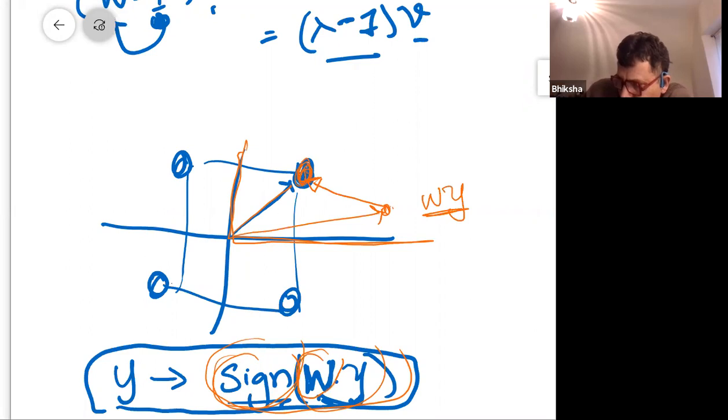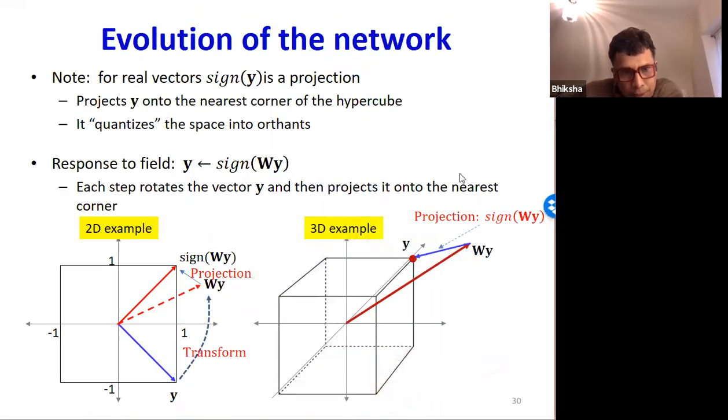So if your weights matrix is such that for all of your desired target patterns, W times y keeps the rotation within the same orthant, then the pattern is going to be stable, okay? So basically, every time you start off with a pattern and you do a W times y, it's going to go to a new location.